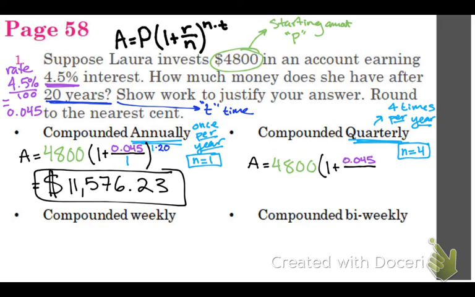Then we bring our rate down. It's the same equation that we're writing down. Our rate is the same, but our n will be different. And then this is where we stop. We don't simplify anymore, and we put it into our calculators.